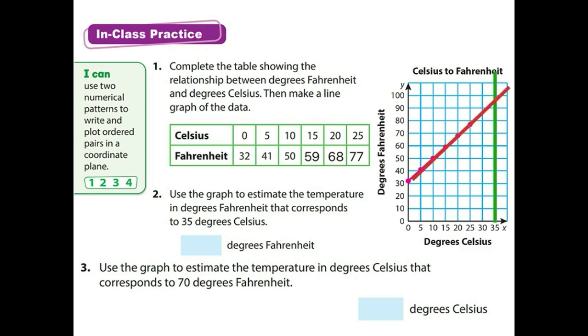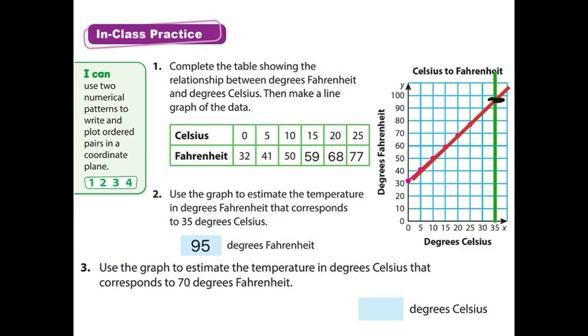So I've got my red line that crosses that. I've continued my line, and now I've got this mark right here that it goes through. So what is that? I'm going to say that it's around 95 degrees Fahrenheit.